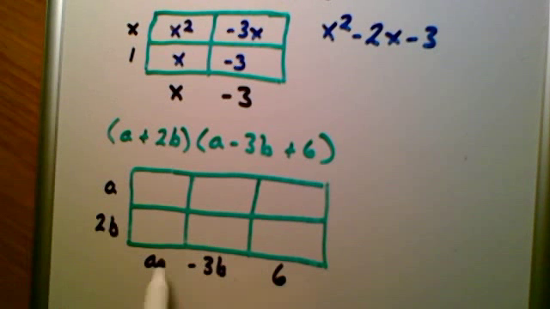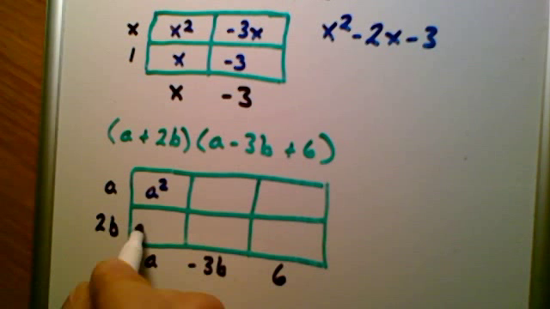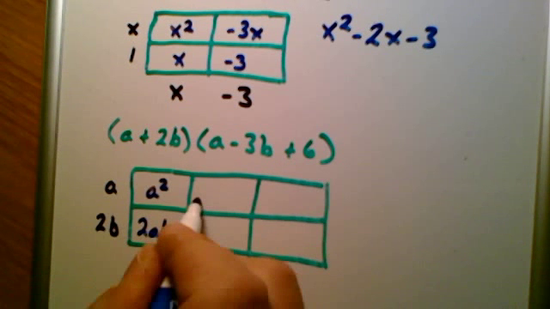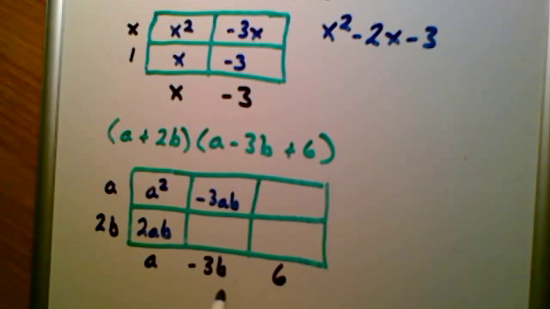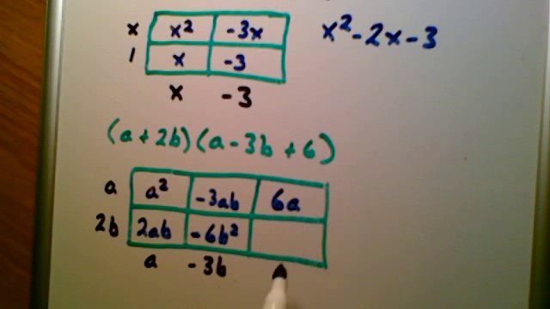So the first one, a times a is a squared, a times 2b, 2ab, a times negative 3b, negative 3ab, 2b times negative 3b, negative 6b squared, 6 times a, 6a, and 2b times 6, 12b.